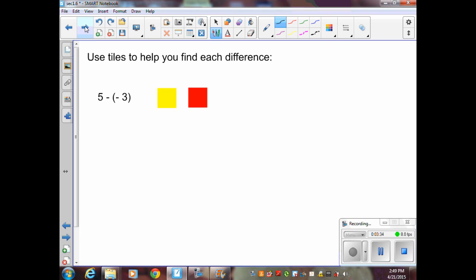Next, I want to use tiles to help find each difference. In this problem, I have a positive 5 minus a negative 3. I'm going to bring over 5 blocks.